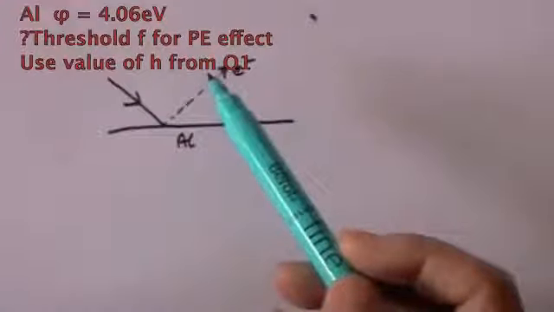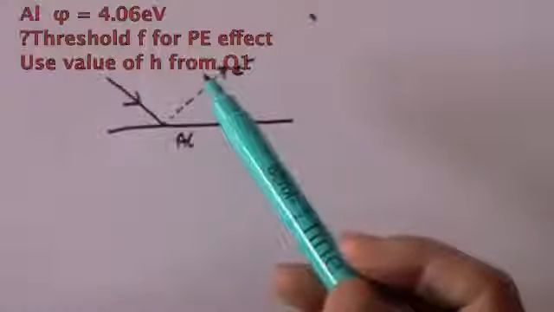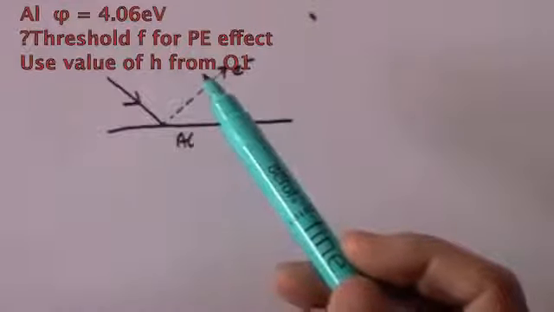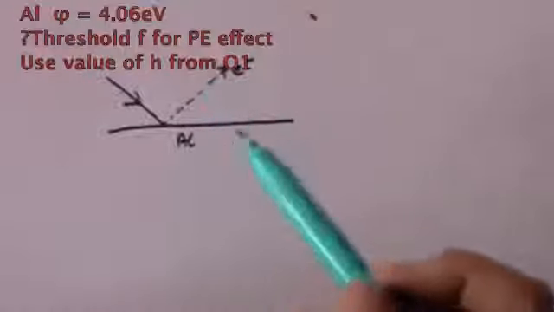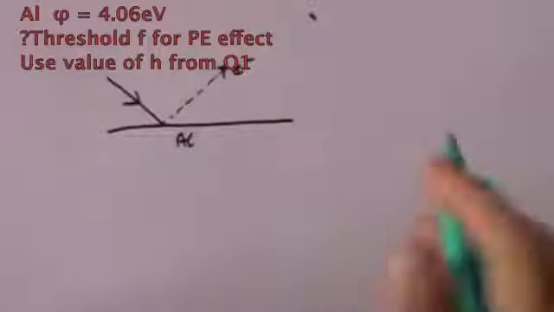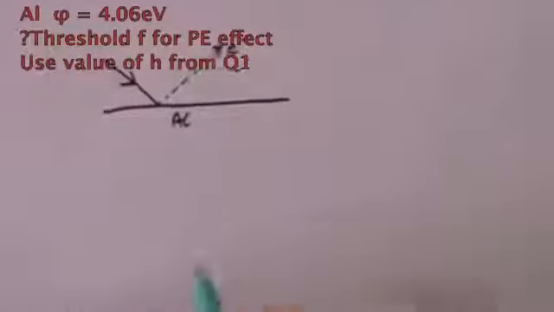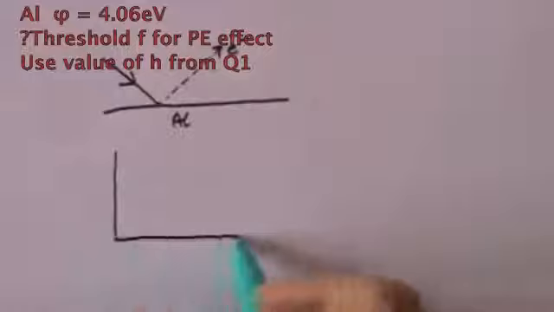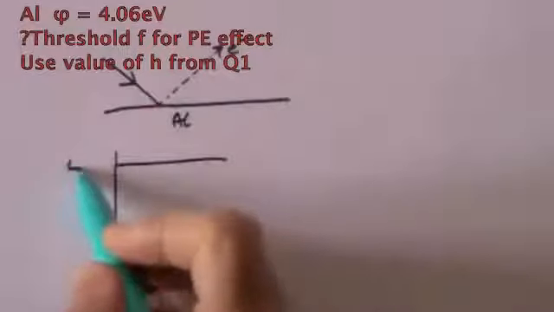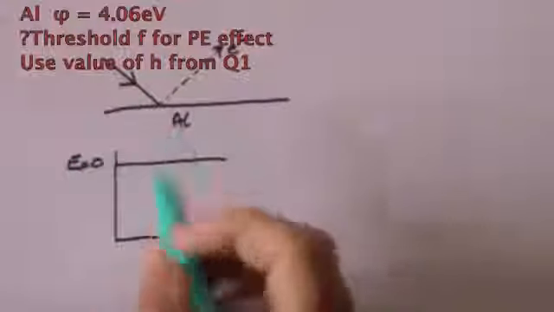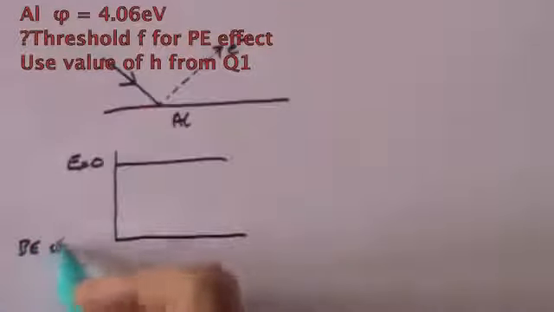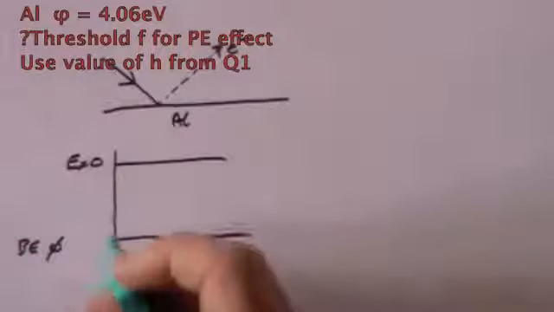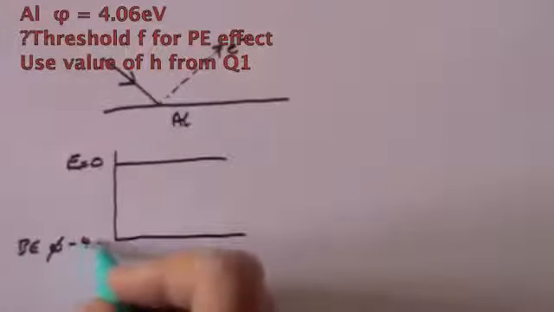And we've been told that the binding energy, or the work function, or the energy you need to kick an electron out of an aluminium atom is 4.06 electron volts. So essentially, if you draw the binding energy diagram, what you've effectively got, if this is E equals 0, then the binding energy, or work function phi, is minus 4.06.